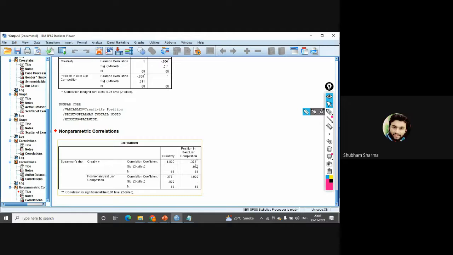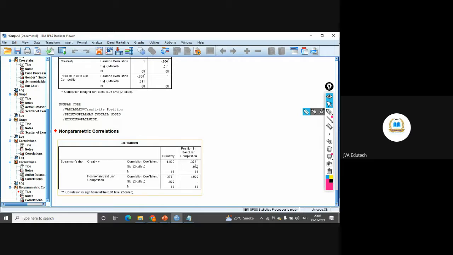So the person with the highest creativity will get the rank of 1. Means if a person is more creative, then they are better liars. So if this is a situation where you have a continuous variable and an ordinal rank variable, then you should perform Spearman correlation.